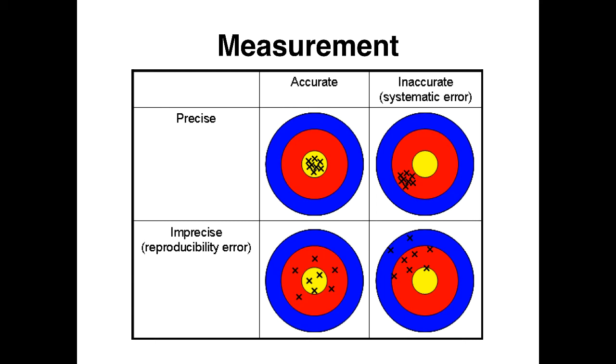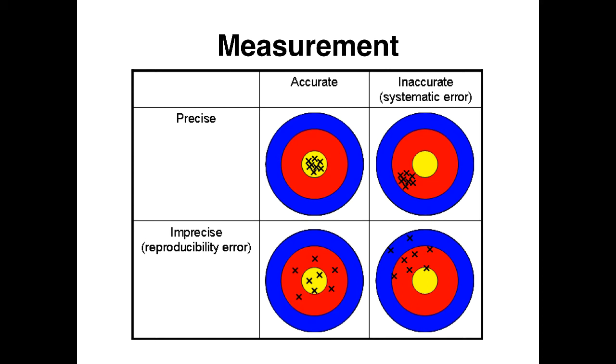The next box down has x's that are close to the bullseye, generally, but they're not very close to each other. So you have accurate but not precise. The third, in the upper right hand, is not very close to the bullseye, but really close to each other.